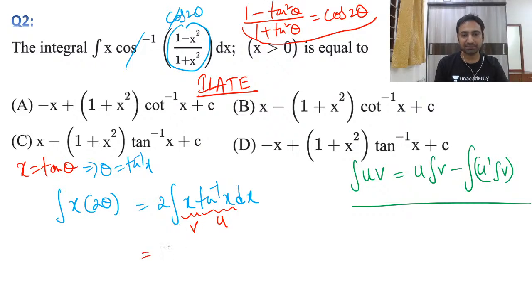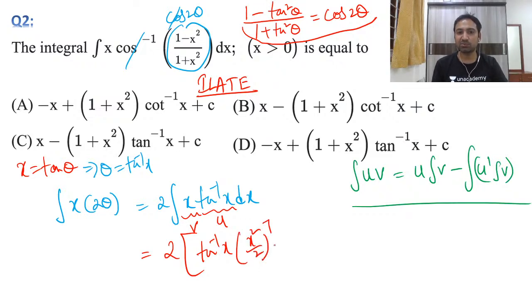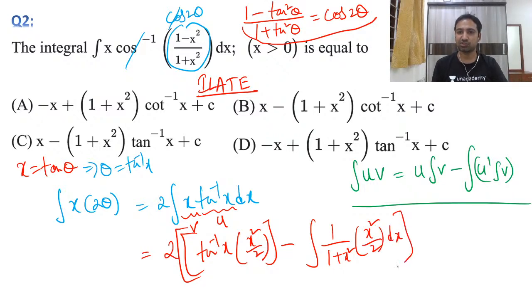Let's apply this here. 2 times: first function into integration of second function, that is x square by 2, minus integration of first function differentiation, 1 by 1 plus x square, into integration of second function, x square by 2, dx. So we need to calculate this.